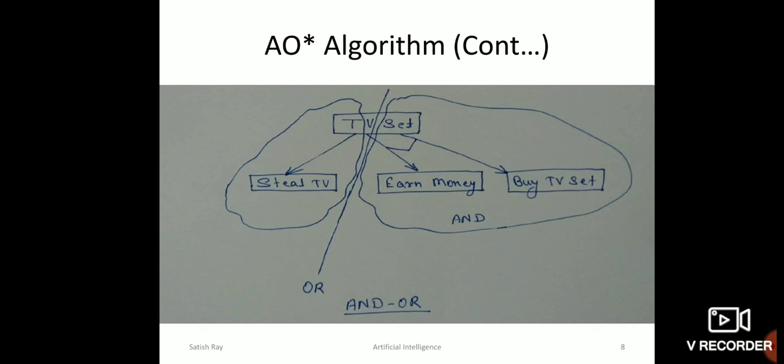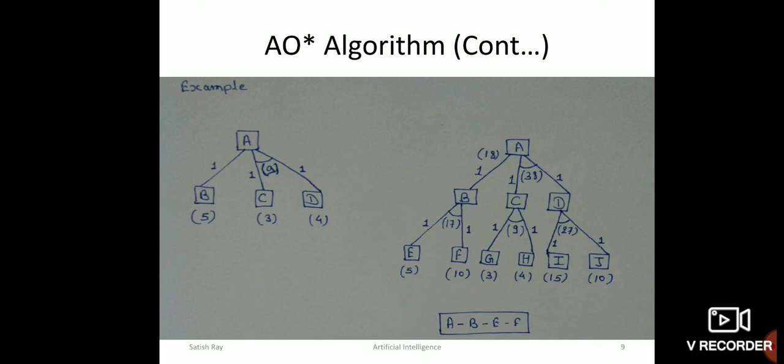And for the second solution, both these steps should be taken simultaneously, so here AND. So that's why we are calling it AND-OR. So in this kind of situation we will apply the AO star algorithm and we will see how we will calculate.